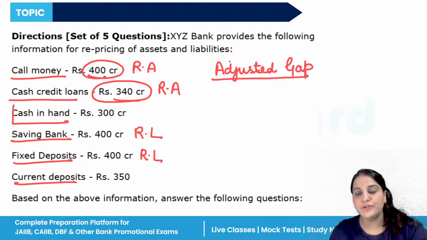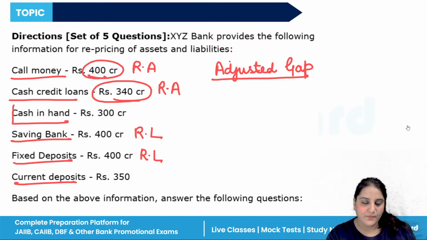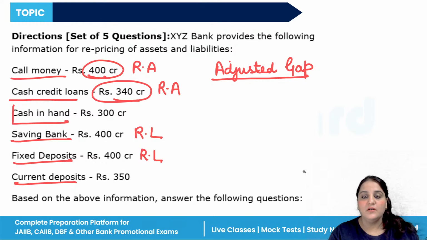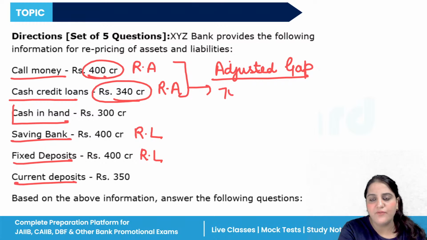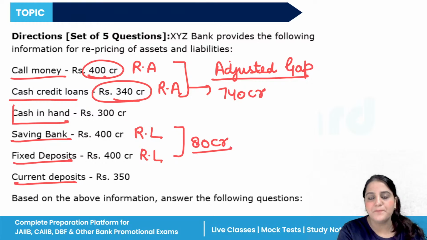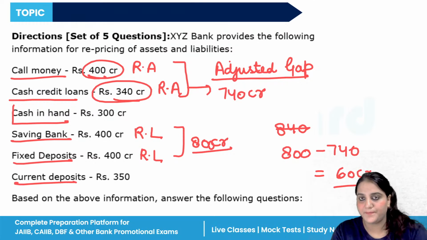So according to this, we can calculate the adjusted gap with a simple formula. How many repricing assets are there? Near about 740 crore. If I add them, 740 crore, and the liabilities are 800 crore. Correct? So I can calculate here 800 minus 740 crore is near about 60 crore as the difference.